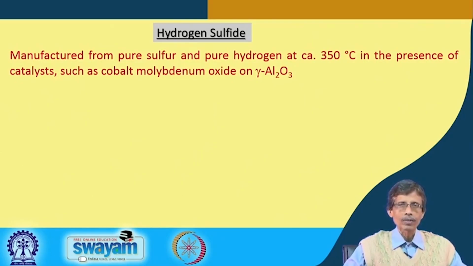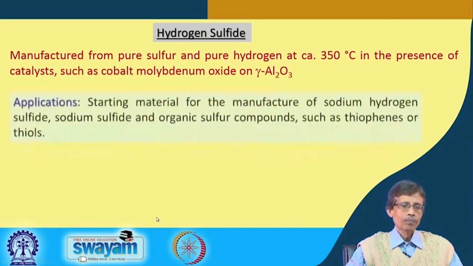It is a two metal oxide system, not a cobalt oxide only or molybdenum oxide, but a cobalt molybdenum oxide, and that cobalt molybdenum oxide is on the surface of gamma alumina. So, the gamma alumina surface is used, and on the surface you have the layering of that particular catalyst, over which you can pass a mixture of this sulfur and hydrogen gas.